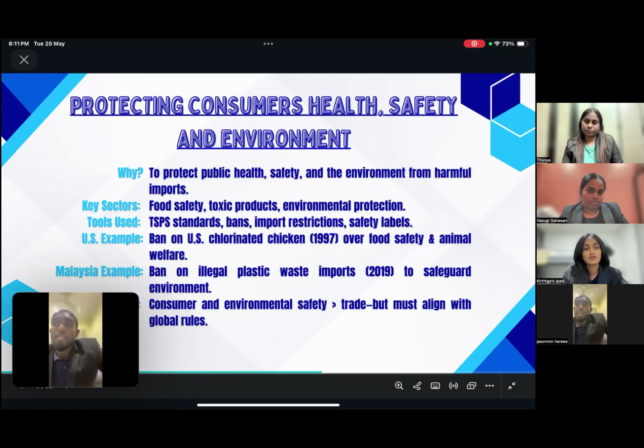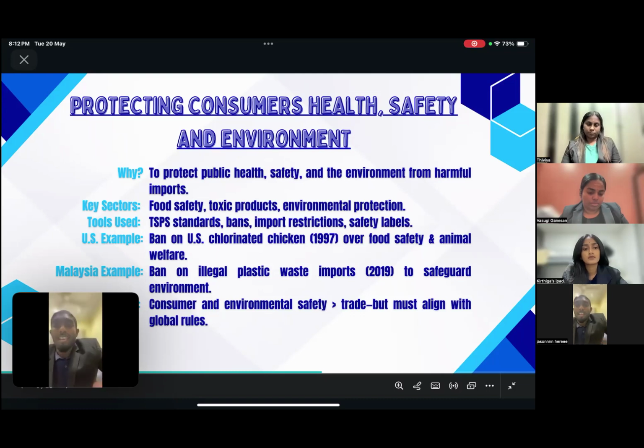This helps ensure transparency and consumer protection. Governments may also impose import bans or require safety certifications for goods considered harmful, ensuring they meet national regulations. These measures are often based on scientific evidence and must align with international standards, especially those of the World Trade Organization, WTO.